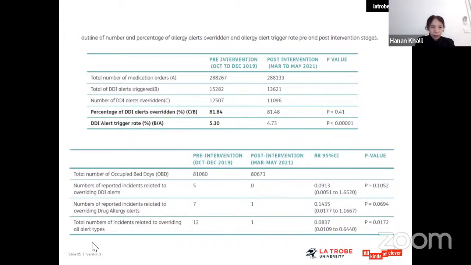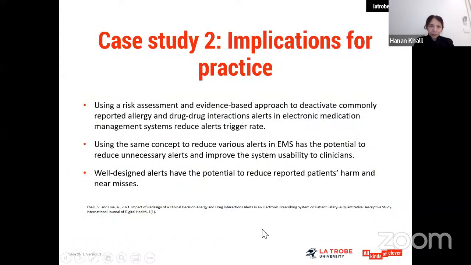And as you can tell, the number of alerts related to drug-drug allergy were much less, and the number of all the other alerts was much less as well after installing the system.